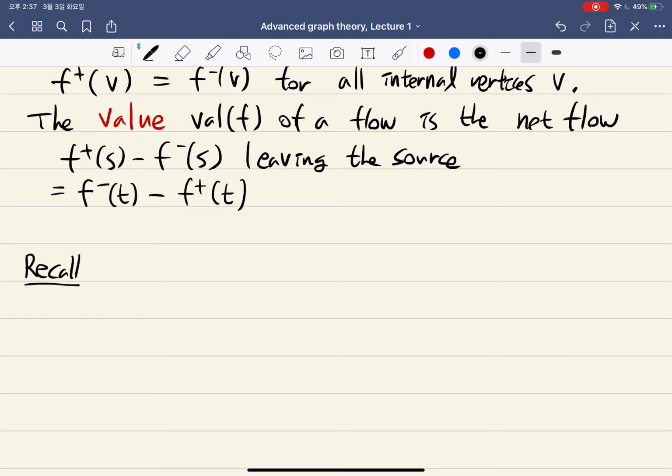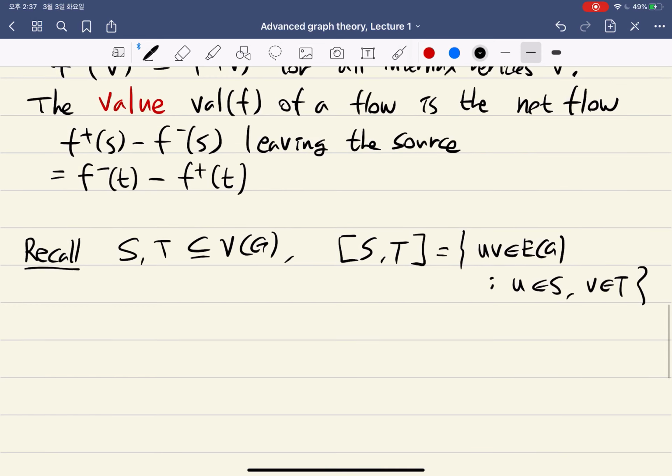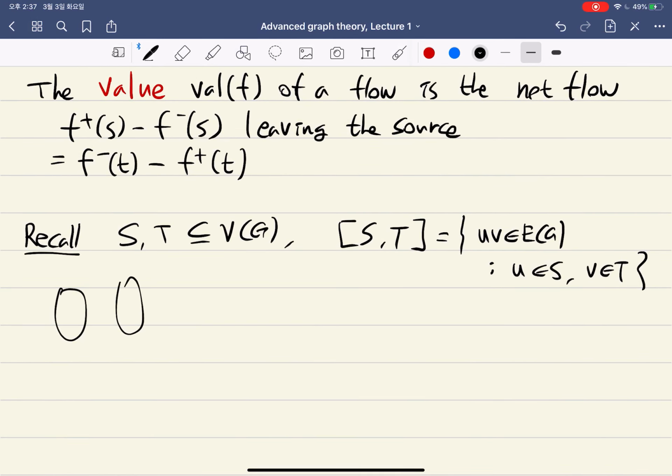And recall that in the undergraduate graph theory course, we defined the concept of a cut for 2 vertex sets, say S and T, and we write this (S, T) to indicate all edges uv in the graph where u is in S and v is in T. For a graph, this uv is an undirected edge, but for a directed graph, this uv could be a directed edge.